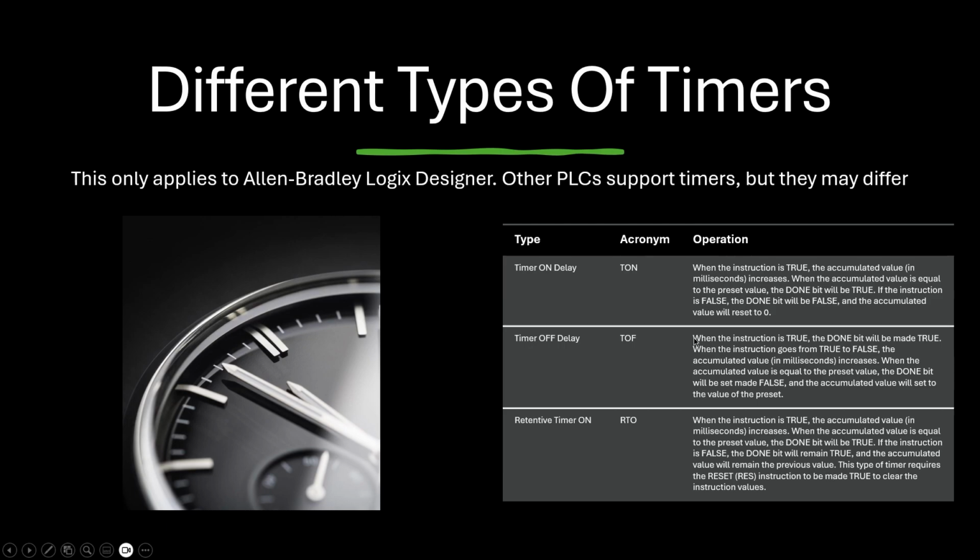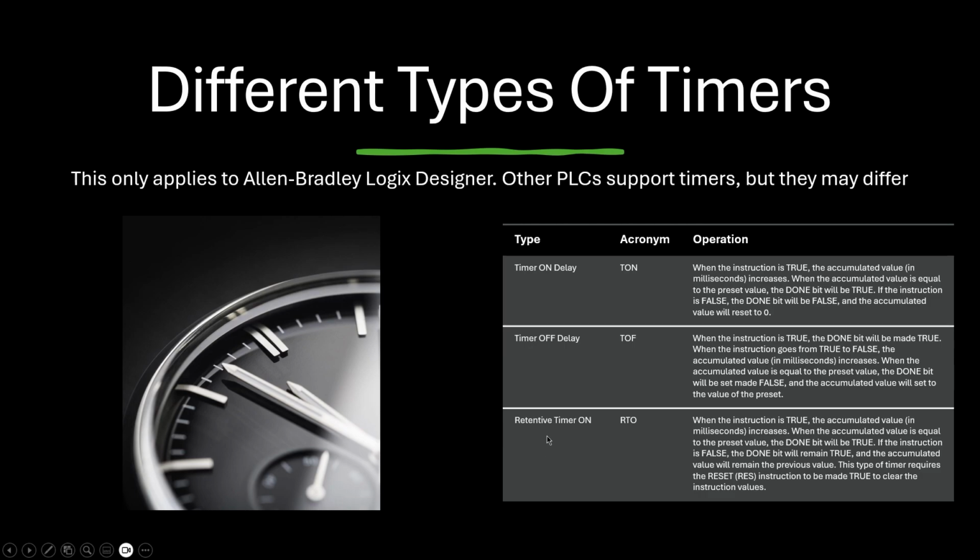Normally, with the timer on delay and the timer off delay, the accumulated value will return to its preset value or its default value. For a timer on, that would be going back to 0. For a timer off, it will be equal to the preset.